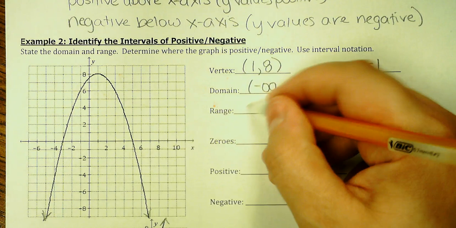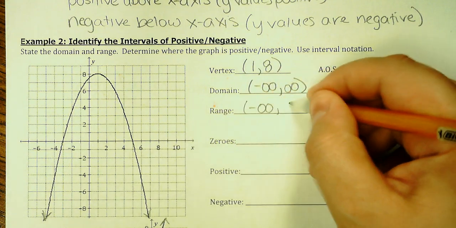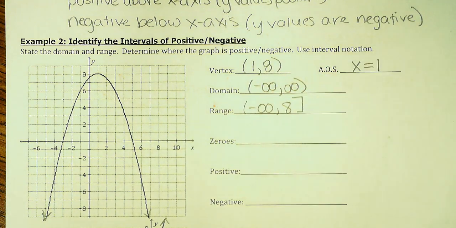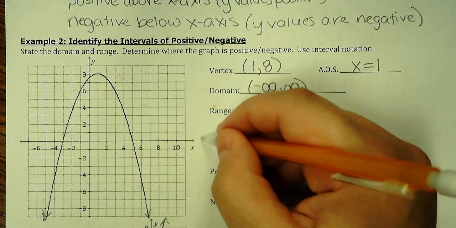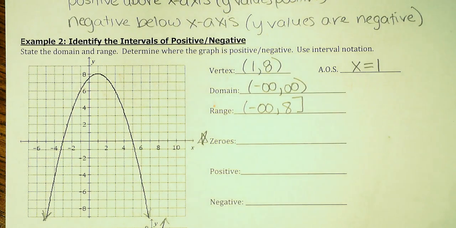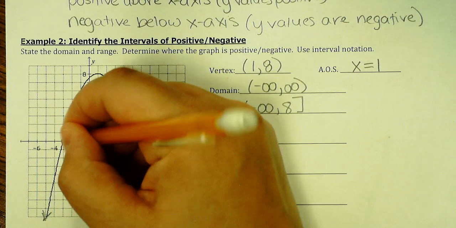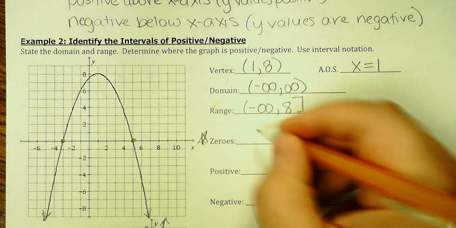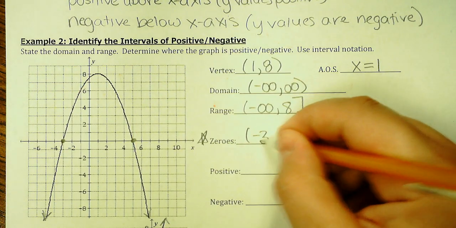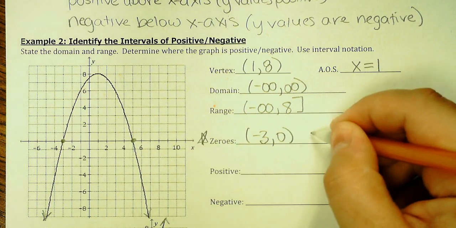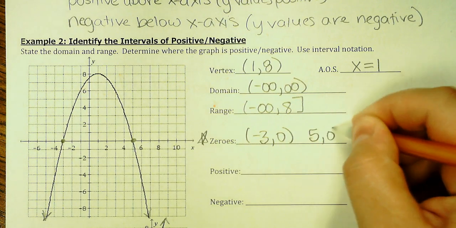Now the range here, you go down forever and it gets stopped at 8. Now on a graph where you're trying to determine positive and negative, that is going to change where the zeros are. So we're going to identify these zeros real quick. So I have -3, 0, and I have 5, 0.